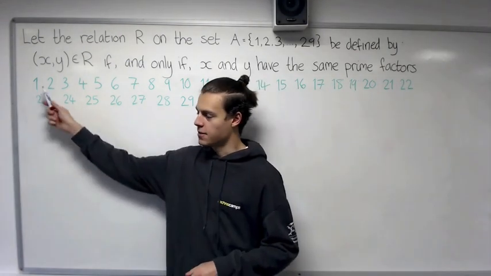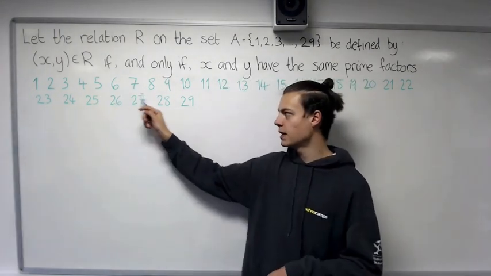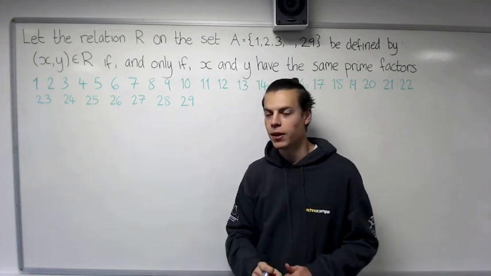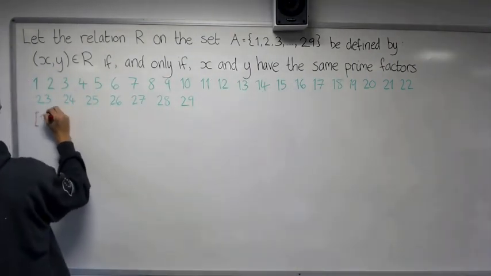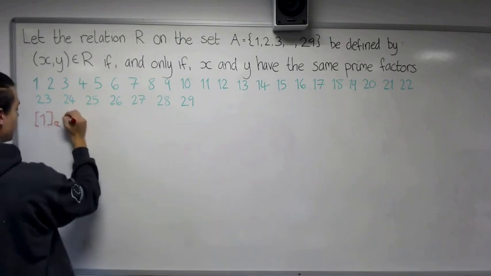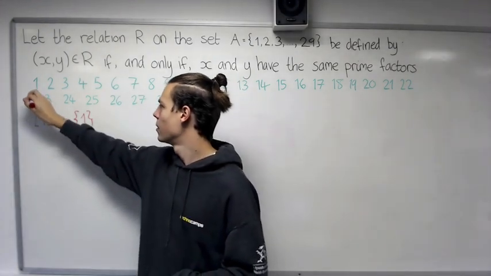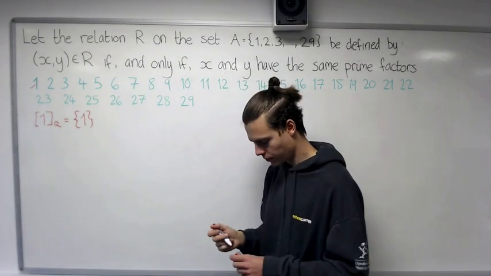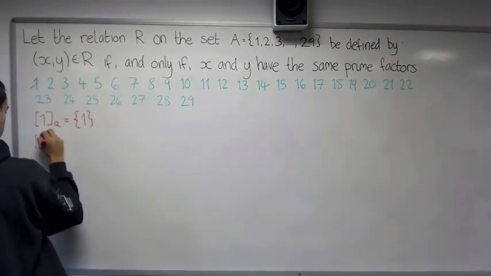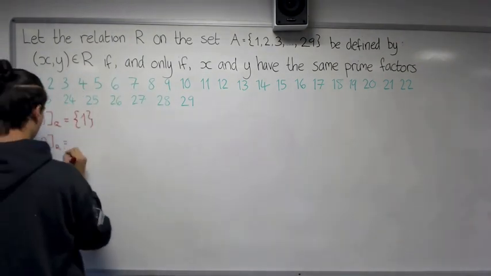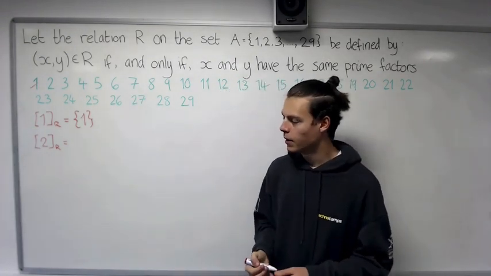1 has no prime factors, and this is not the case for any other of these numbers. So the equivalence class of 1 consists of just itself. Right, now 2 has prime factor just 2.